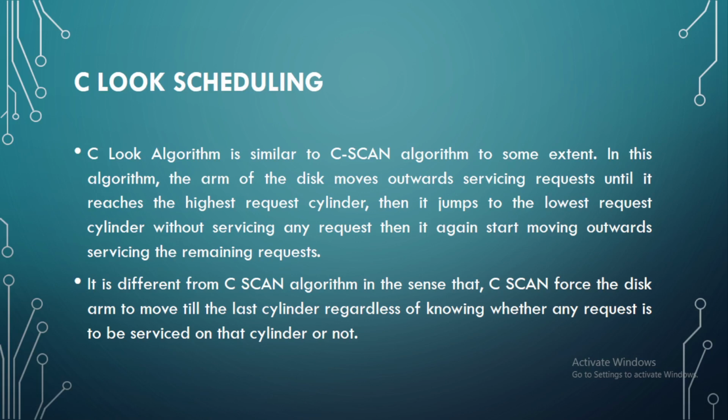Then it again starts moving outwards, servicing the remaining requests. It is different from circular scan in the sense that circular scan forces the disk arm to move till the last cylinder, regardless of whether any request is to be serviced on that cylinder or not. We will understand C-look with an example.